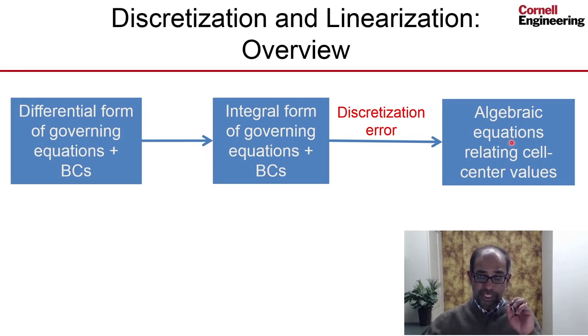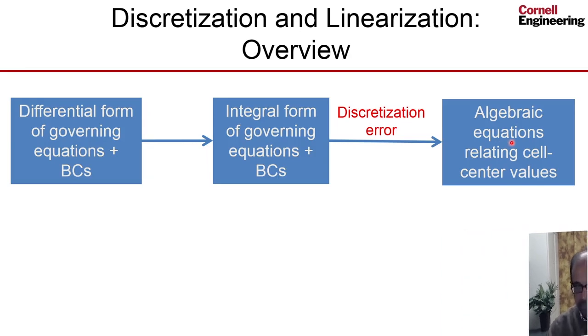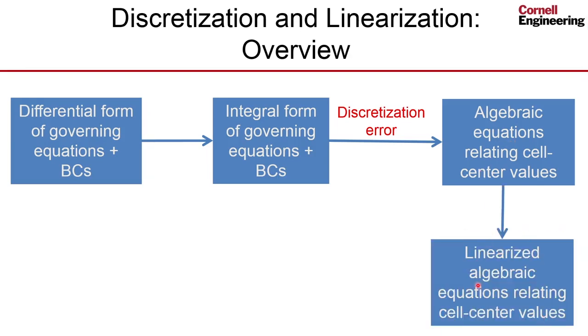The algebraic equations that we have are nonlinear, so we have to linearize them about a guess value. And when we go from the nonlinear set of algebraic equations to linearized algebraic equations relating cell center values, we introduce another error called the linearization error. And these two errors are different.